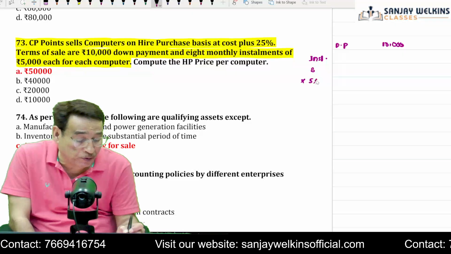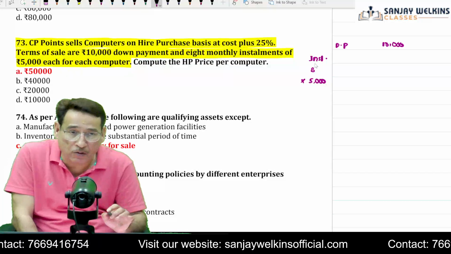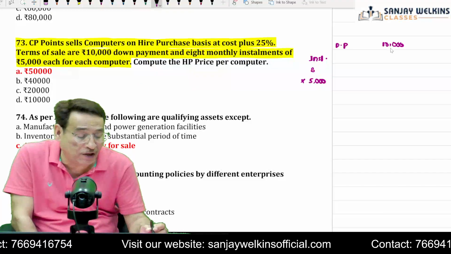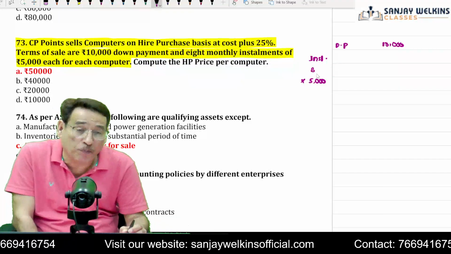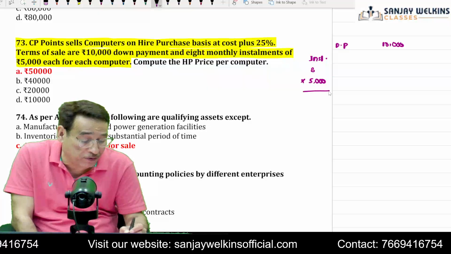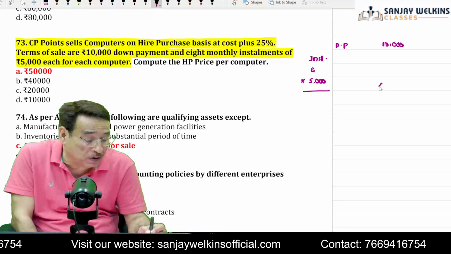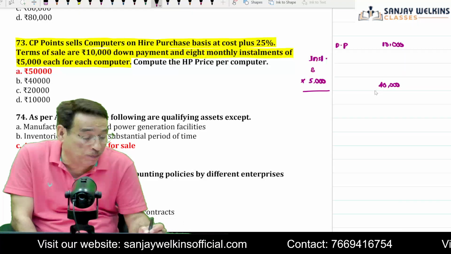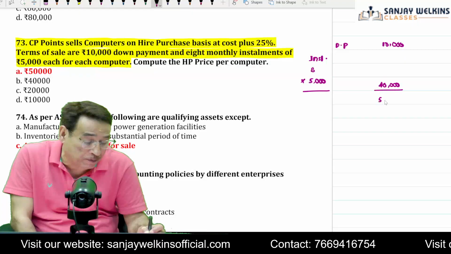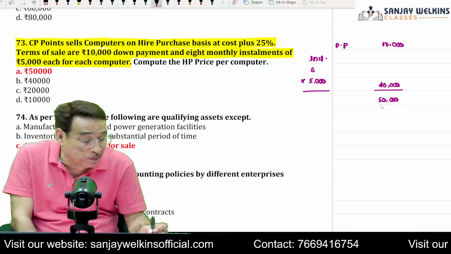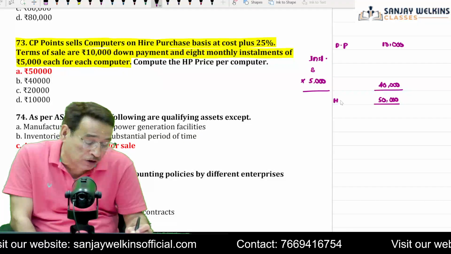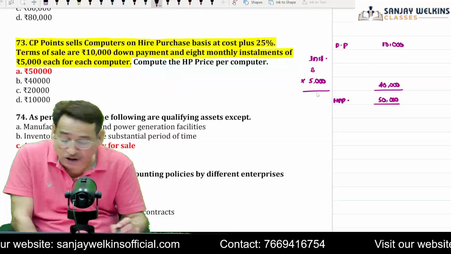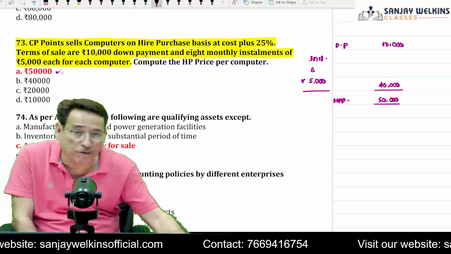Suppose if I am going to buy a computer, I will have to pay 10,000. I have to pay also 8 installments of 5,000 each. So total installment amount will be equal to 40,000. And remember one thing, down payment plus total installments is the hire purchase price. So hire purchase price is 50,000. In this case, the question is simply asking you what is the hire purchase price. So hire purchase price will be your 50,000.